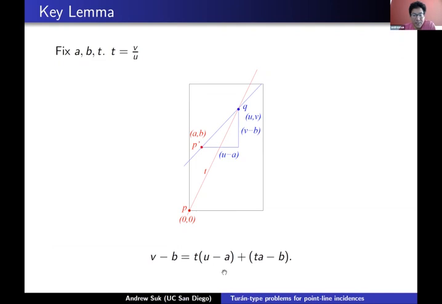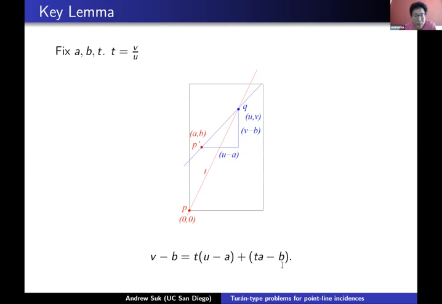And you'll see why I wrote it out like this in a second. You can easily check it because t is the slope of this red line here. And when I multiply it by u, I get the v. And then the minus ta plus ta cancels off. And then I have the minus b over here.